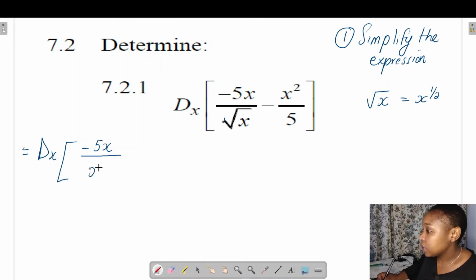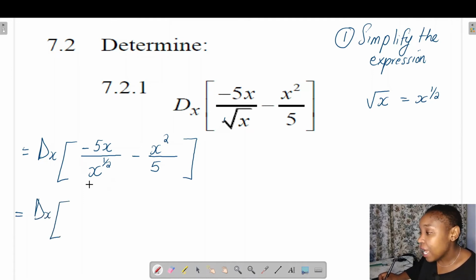Okay, x to the exponent of 1 over 2 minus x to the exponent of 2 over 5. Okay, can we simplify this further? Yes, we can. So it's going to be d of x, right?